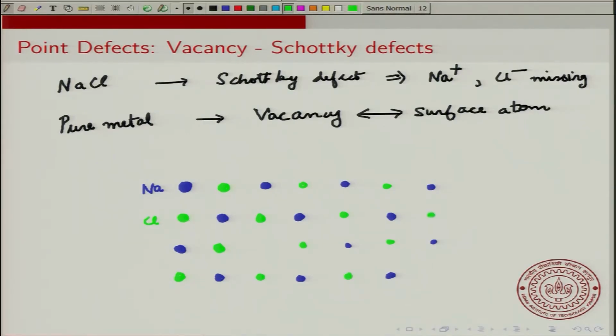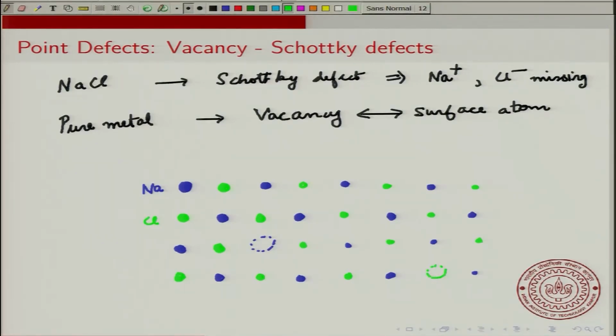Let us say the chloride here is missing. So, then this missing sodium and this missing chloride, this pair would form a Schottky defect.